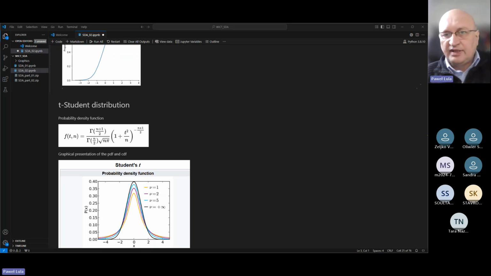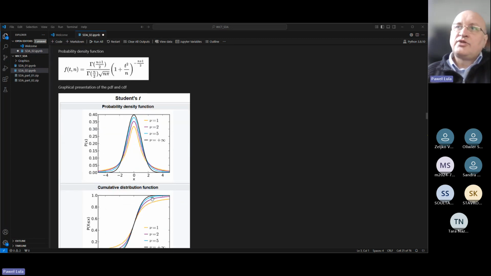I think that we can start after a short break. And now about the t-student distribution. We see that the formula for calculating the probability density function is very complex. It is very complex also because here we see a very complex gamma function. But the shape of the probability density function is very similar to normal distribution.